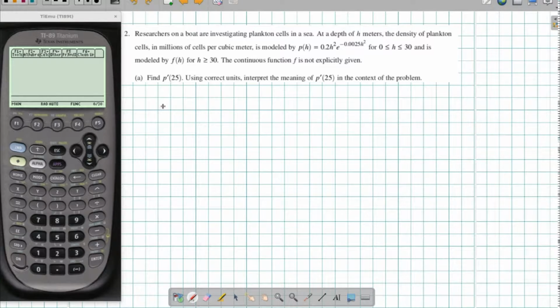So they're asking us to find the derivative of this function. So I'm going to differentiate, and I'm going to type in my function, which is 0.2 h squared times e to the negative 0.0025 h squared.